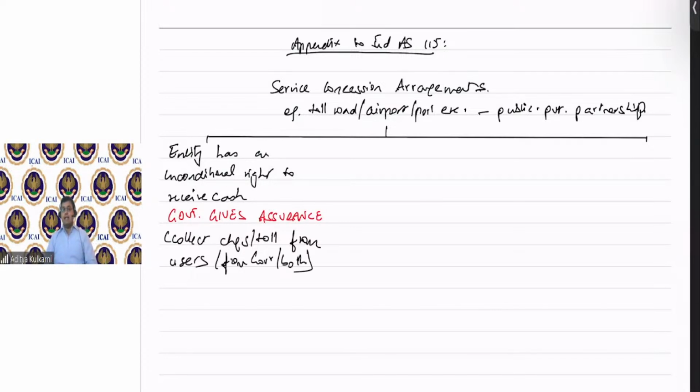But there is a guarantee that you are going to get a defined sum of money. You are going to get a defined amount of cash. Unconditional right to receive cash. So a right to receive cash is nothing but a financial asset.